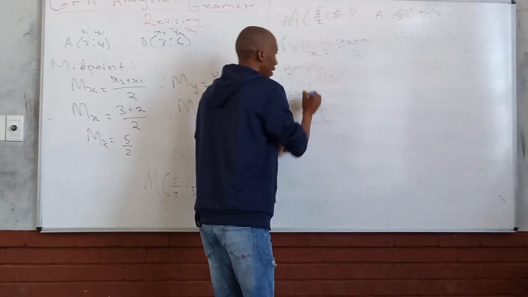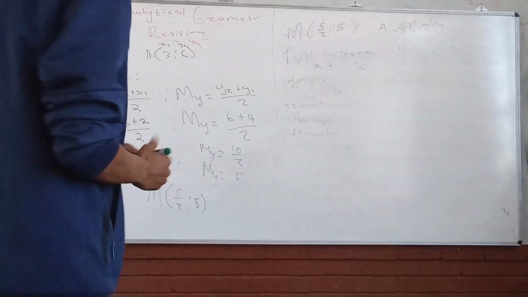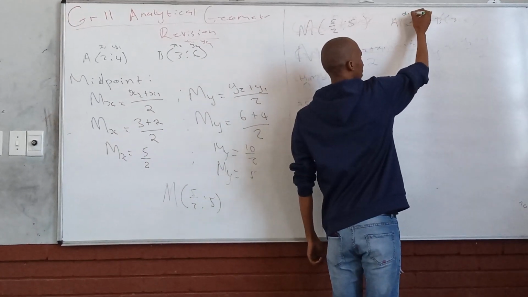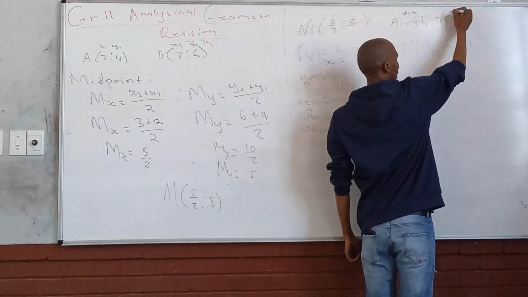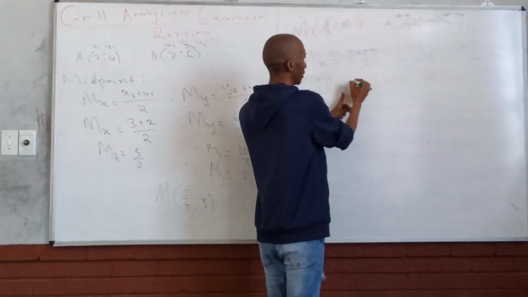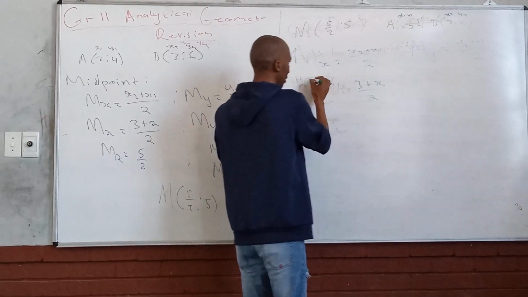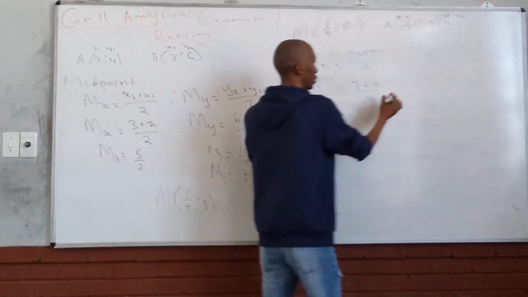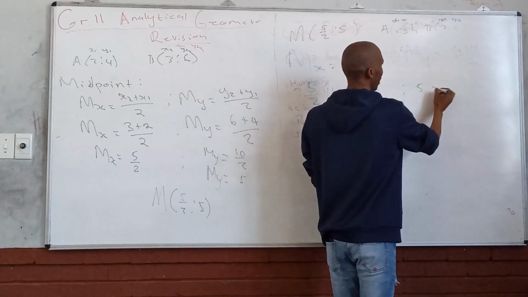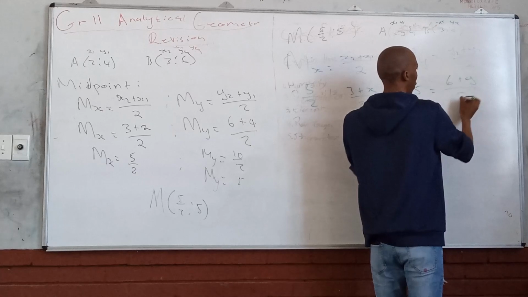It is 5 over 2. Remember to label your values: x1, y1, x2, y2. So 5 over 2 equals x2, 3, plus x1, all over 2. On this side, the midpoint of y is 5, equal to y2, 6, plus y, all over 2.